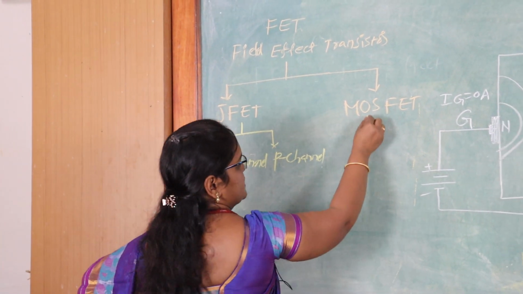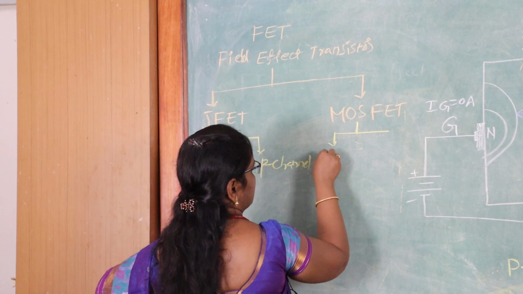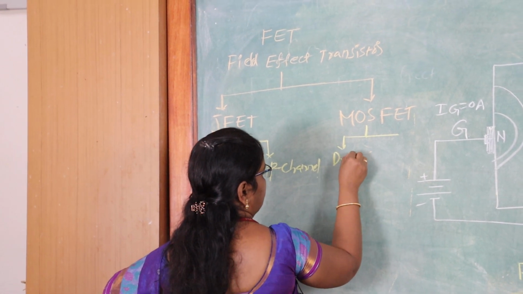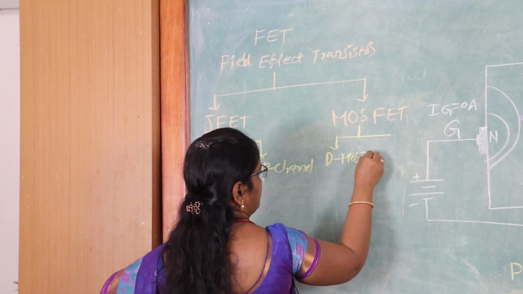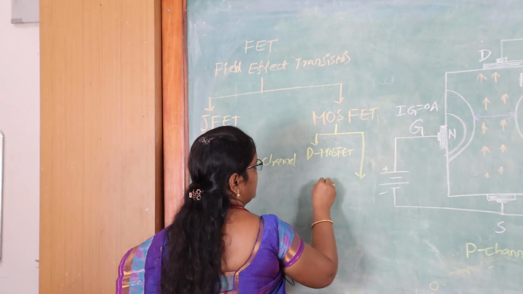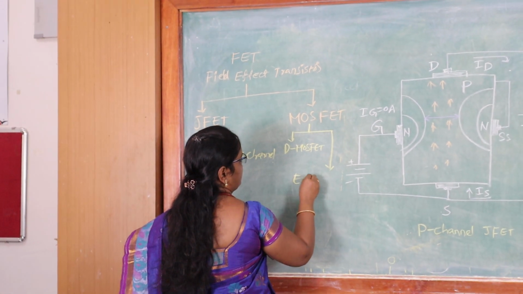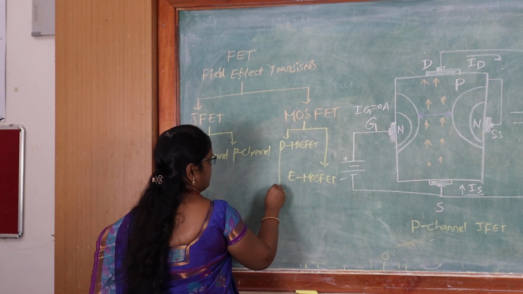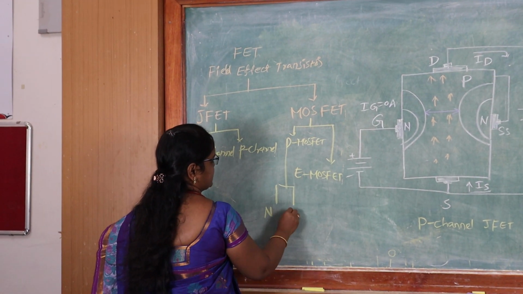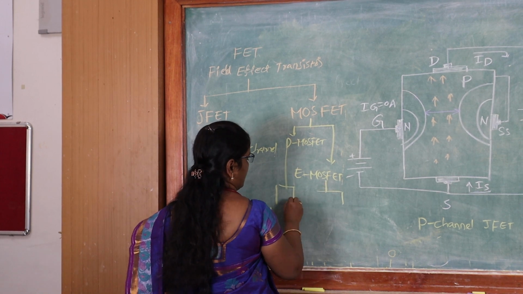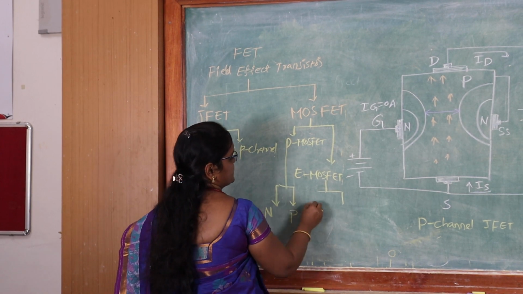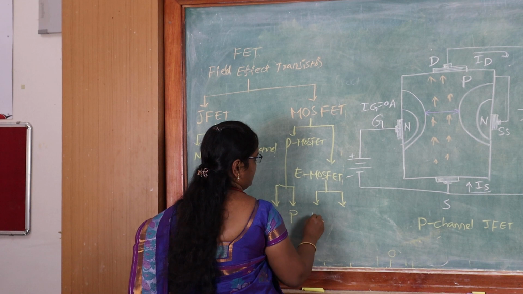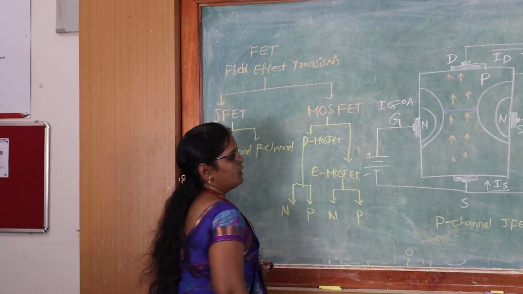MOSFETs are also of two types: depletion type MOSFETs and enhancement MOSFETs. Depletion MOSFETs are again of two types, N channel and P channel, and enhancement MOSFETs are also of two types, N channel and P channel.